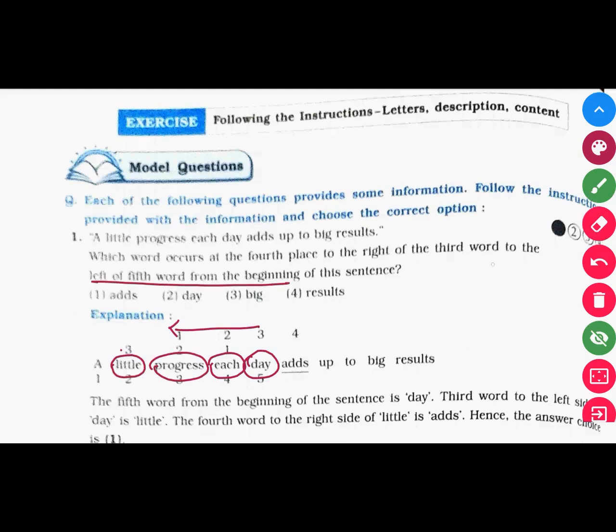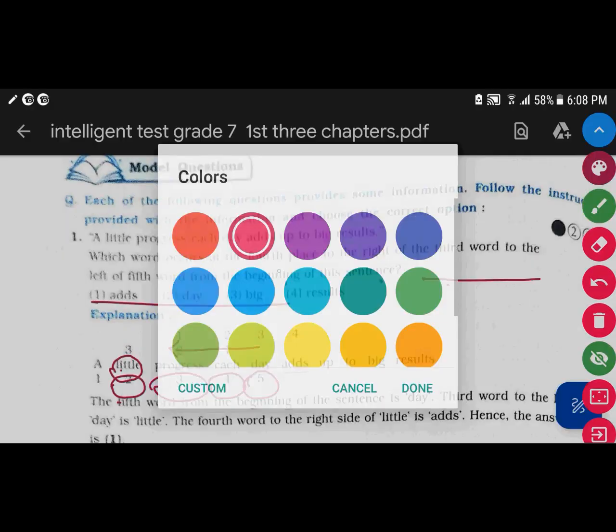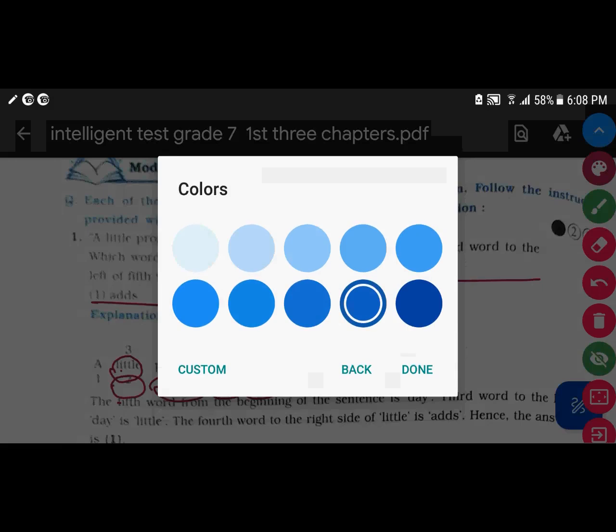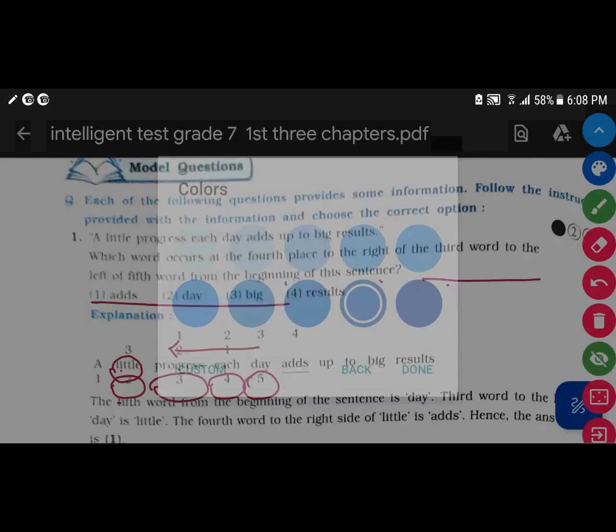Now we solve this one portion and this one portion. Now fourth place to the right of the third word. Now this is the third word, which is little. Now we have to calculate the fourth place to the right of it. Now again, to the right of it means we have to move to our right hand side.